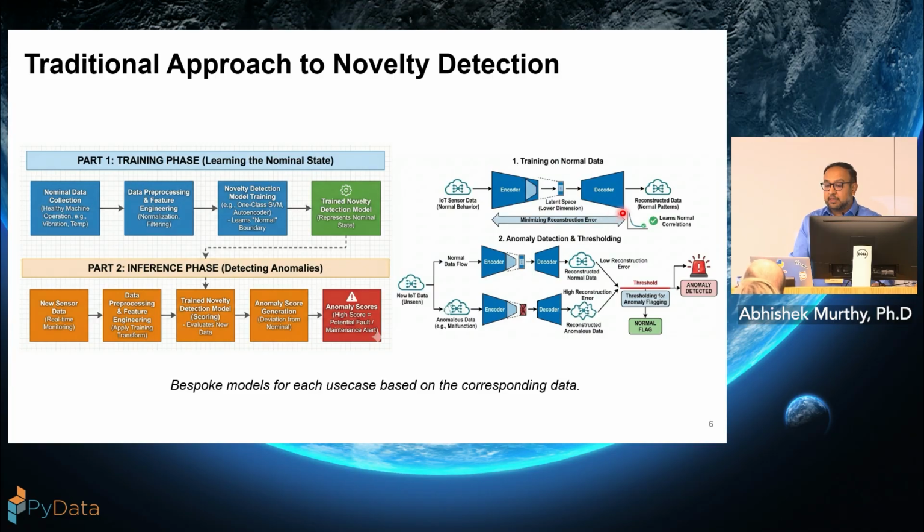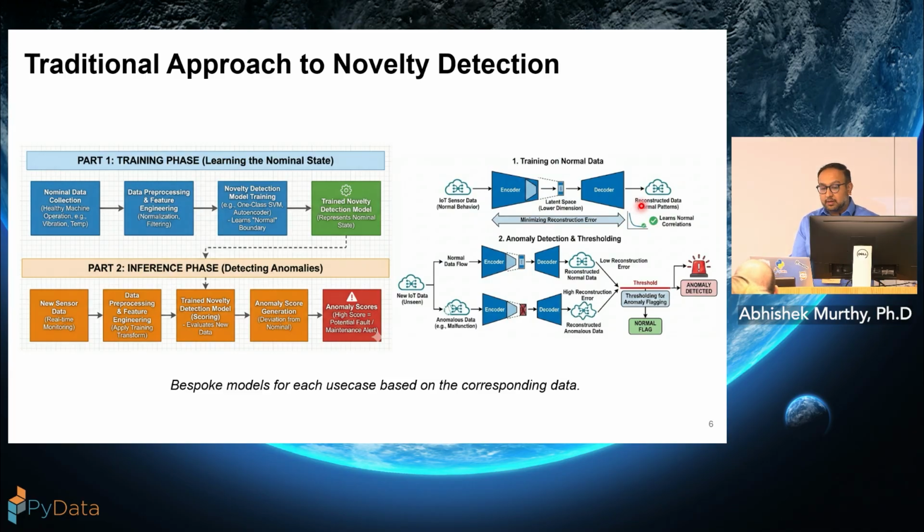And then we can compare this reconstructed data with the original data to see how well the reconstruction occurred. So the idea is the autoencoder network can reconstruct the data well if and only if the data was nominal, because you show the autoencoder all kinds of nominal patterns, so it only learns to reconstruct nominal data.